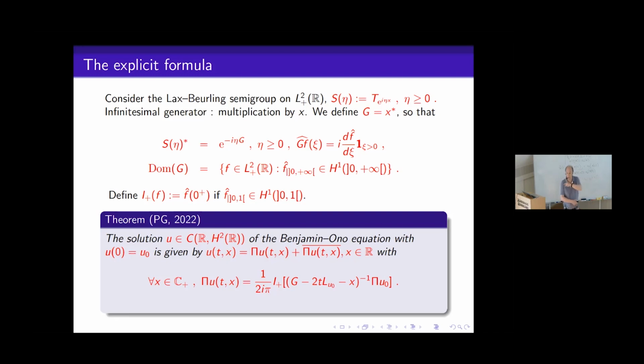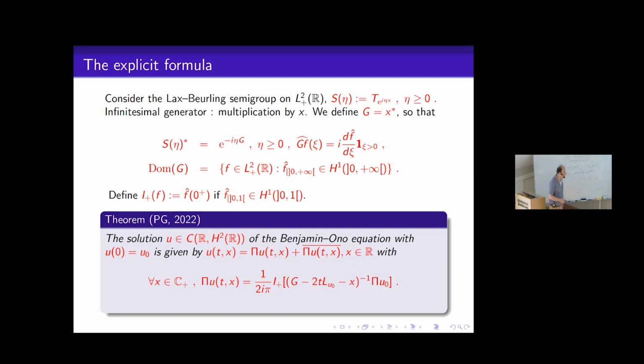Remember the talk by Enno yesterday? There was some matrix there which was called M0, and you had this 2t times L, and then you invert this minus x. That's exactly what happens here. Essentially, the role of the matrix M0 is played by my operator G.